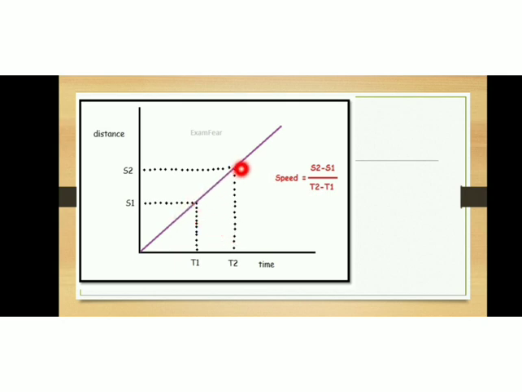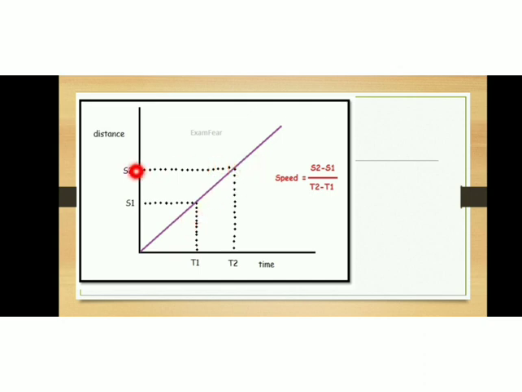That means from any 2 points chosen on the graph, draw 2 normals. This is the first normal or straight line to the y-axis, and draw another normal from the other point to the y-axis. Similarly, draw 2 normals to the x-axis from the same 2 points that you have chosen on the graph.